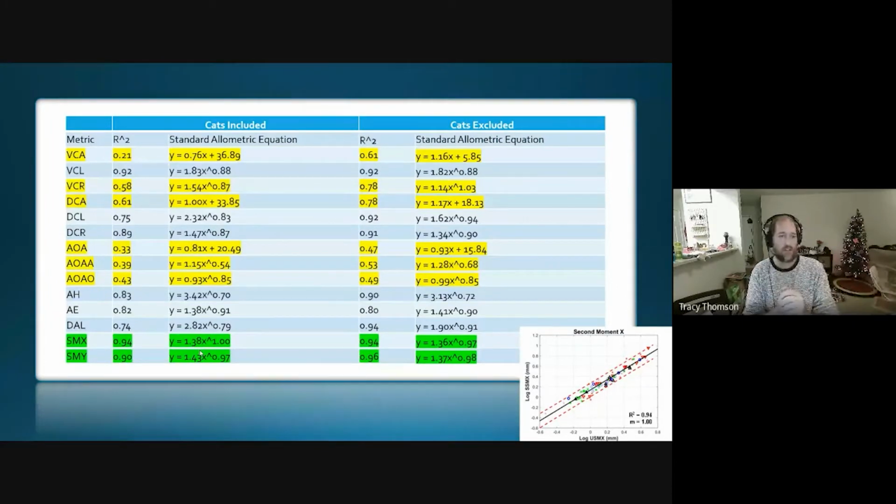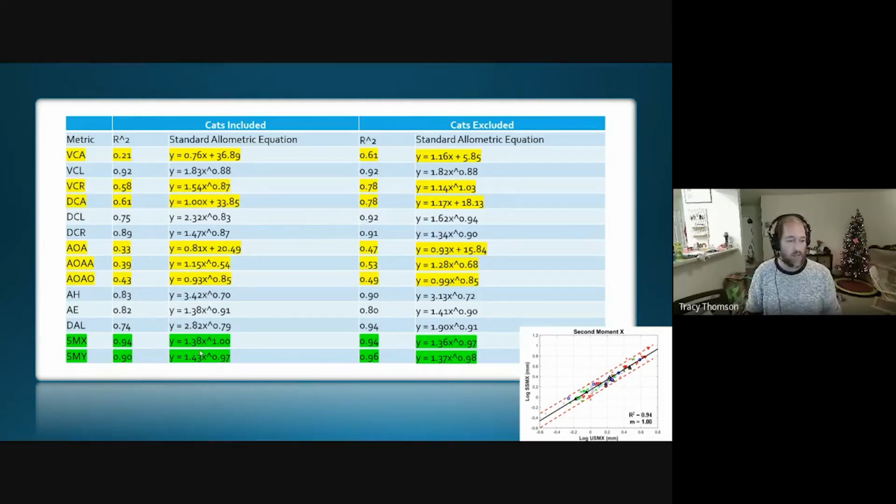The first metric on the list, for example, is the ventral curvature angle. With cats included, because it's such a horrible correlation in cats, the R-squared number is very low, 0.21. But when you take cats out of the equation, being very specialized, that improves to 0.6. Still not great, but a significant improvement.